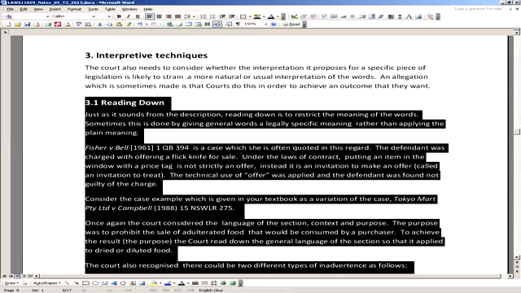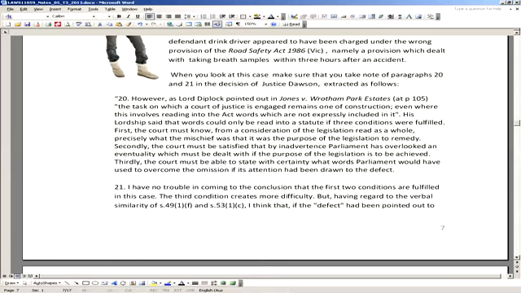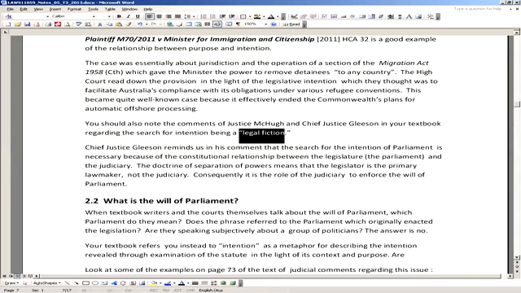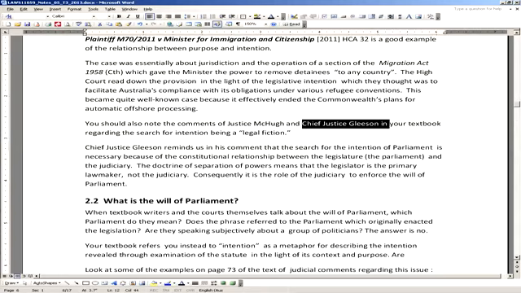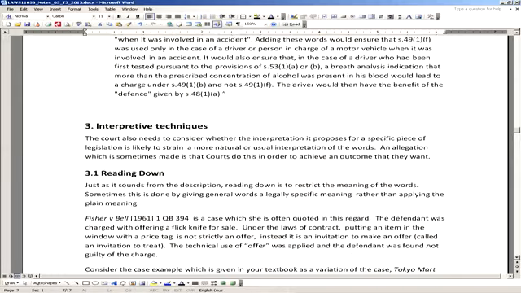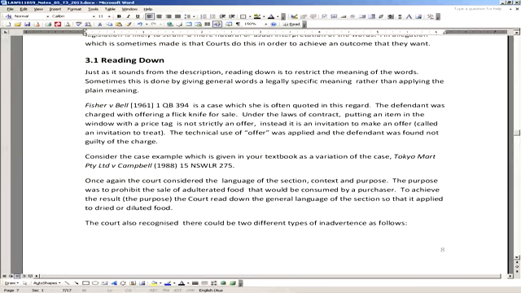And you can see when that phrase we were looking at up here, legal fiction, was used by Chief Justice Gleeson and Justice McHugh, I should say. That phrase, I think, is indicative of this concept of reading down, that he wasn't so interested in working out Parliament's intention or working out what all these other things meant.